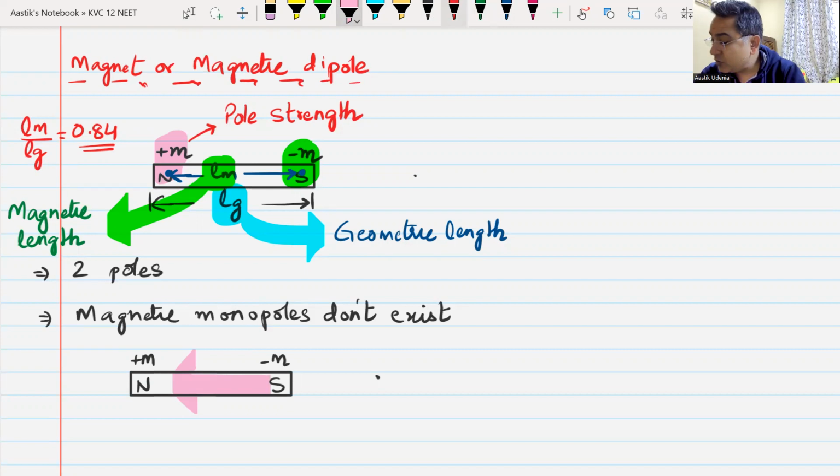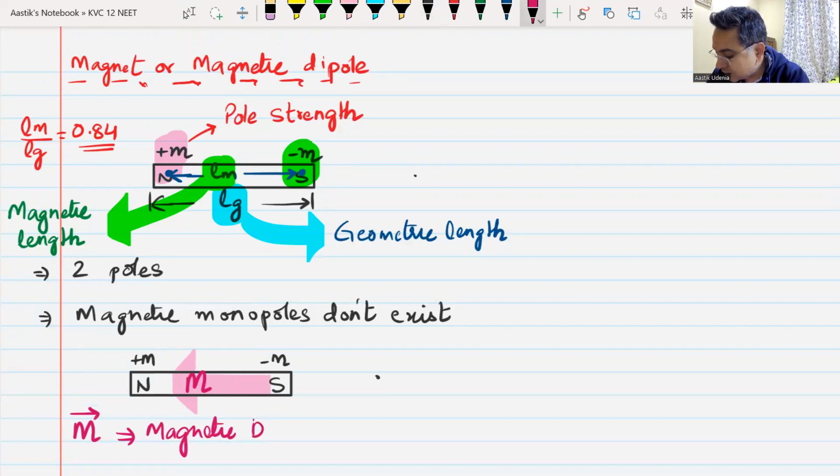This magnetic dipole moment is written by the letter capital M. So capital M is known as the magnetic dipole moment. It is a vector quantity, as you can see, and the direction of this vector is from where to where?